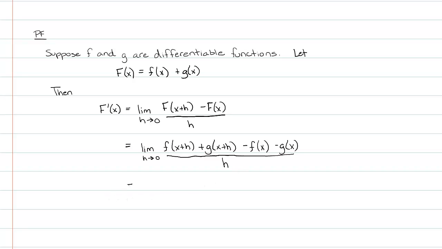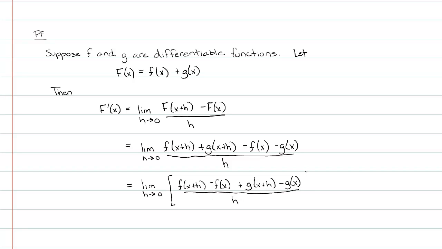But we get to use something that we supposed here. We supposed f and g are both differentiable functions, which implies that if we write this as the limit as h approaches 0 of, I'll put a big brace on here, f of x plus h minus f of x, so I'm just reordering the numerator, plus g of x plus h minus g of x, and write that over h.